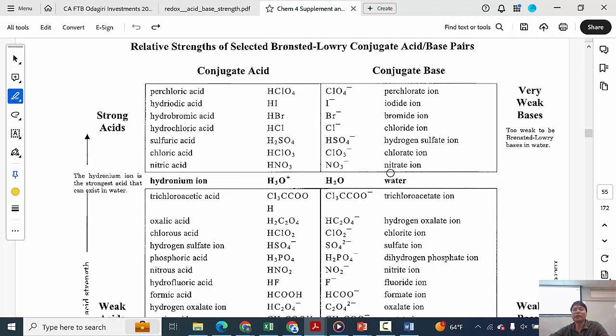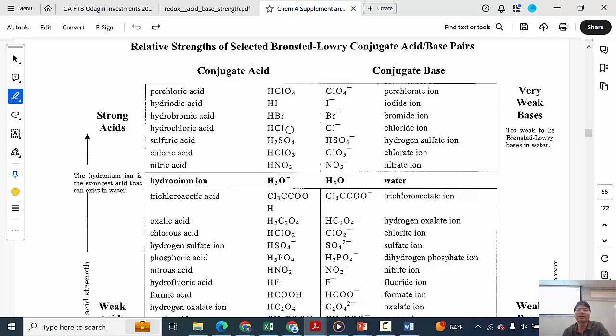This gets tricky with the strong acids. Why is it tricky with the strong acids? So for example, if I had HCl, what bases would HCl react with? You might say, would it react with bisulfate here?